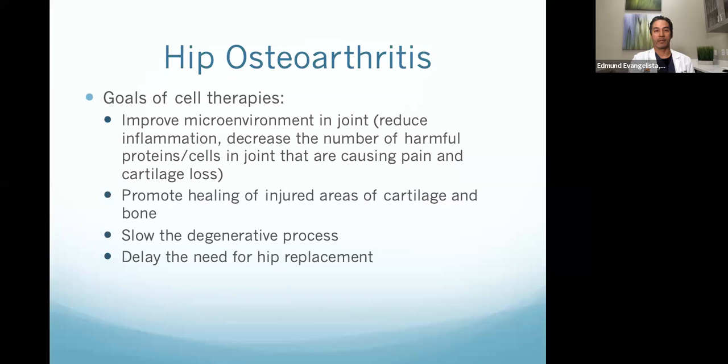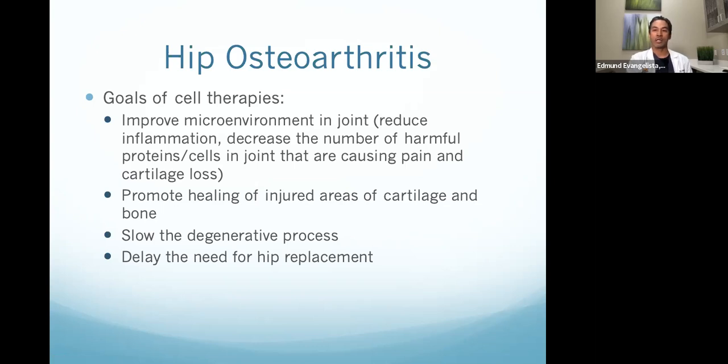What are the goals of cell therapy? Well, I'm not going to tell you that it's regrowing cartilage in the setting of arthritis because we're not there yet. I mean, there's laboratory evidence that some of these treatments can do that. However, it's not proven in what we can do based on the guidelines with the FDA and what we can do with our cell treatments. But we're really trying to improve that toxic environment in the joint.